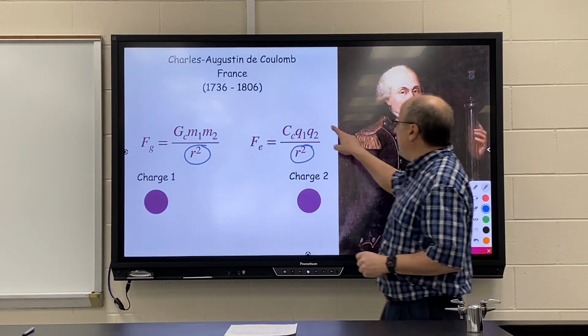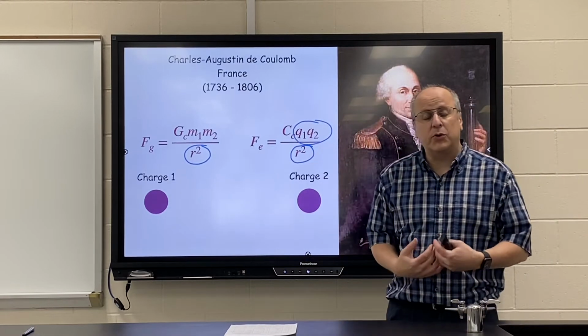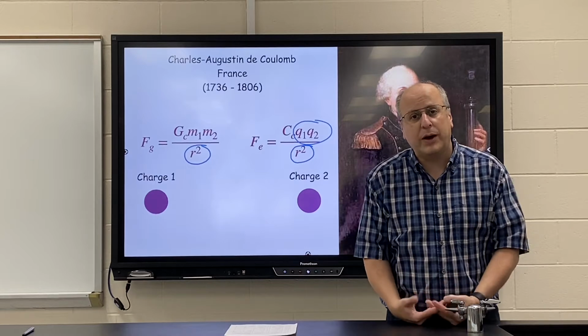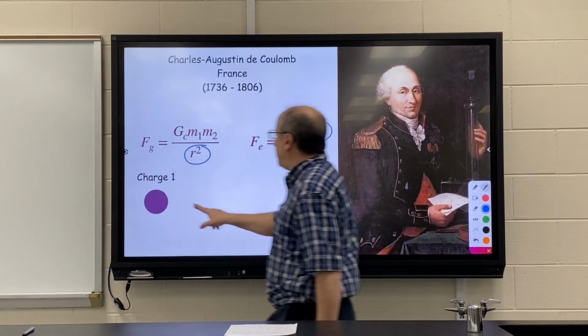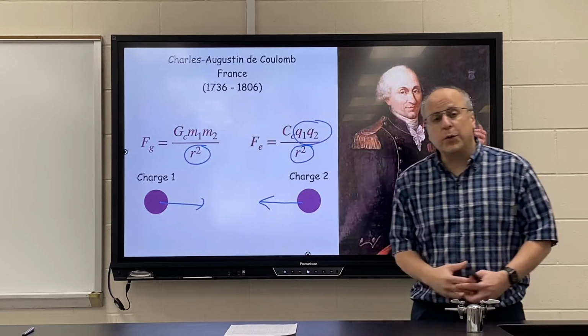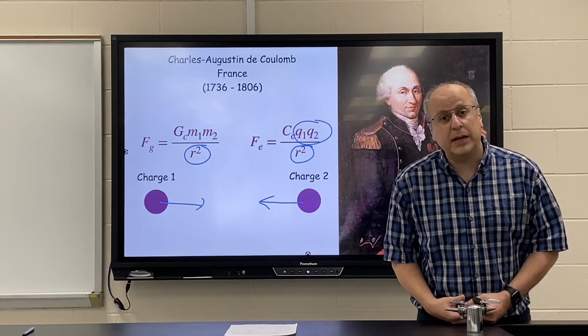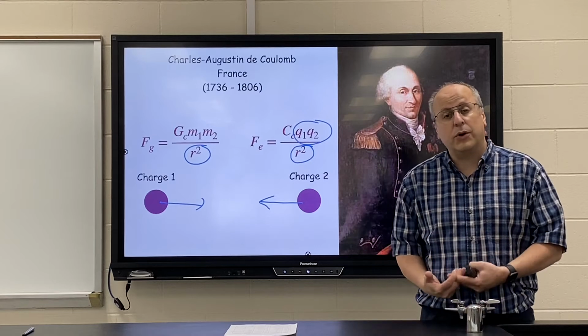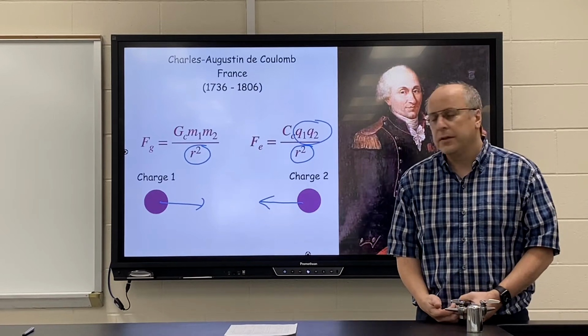Also, they both depend on having two objects. In order to have a force, you must have two objects. Those objects both experience the force. Those forces are going to be equal to each other, but in opposite directions, in accordance with Newton's third law.